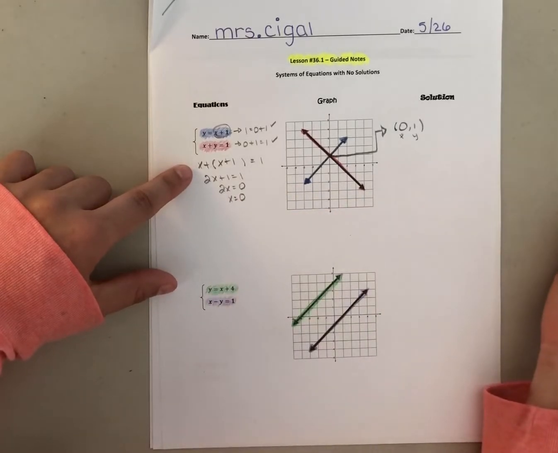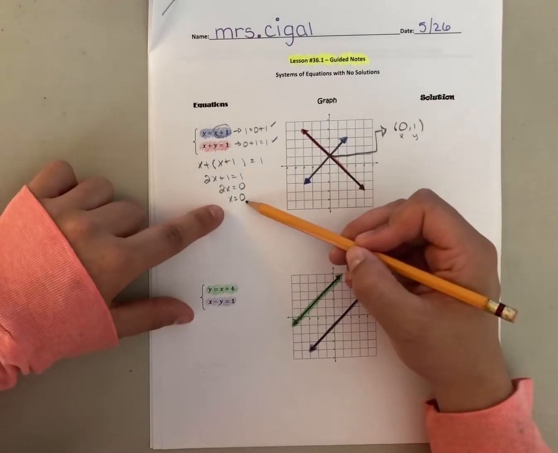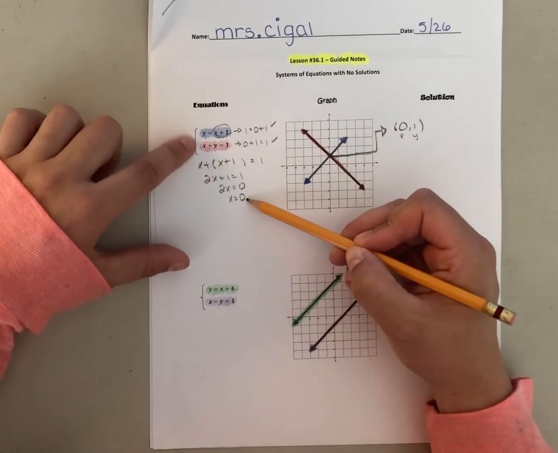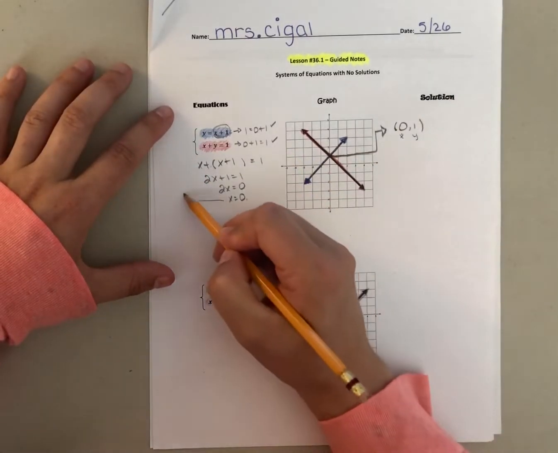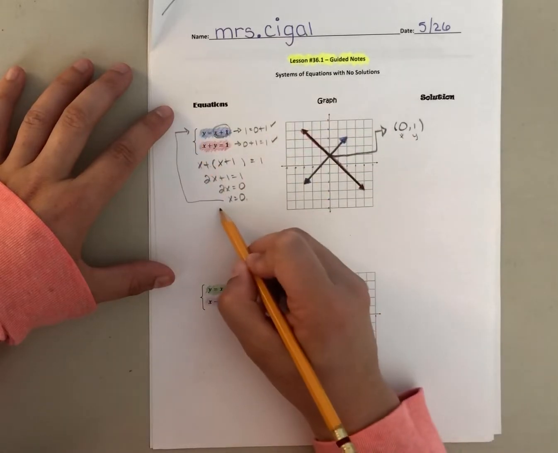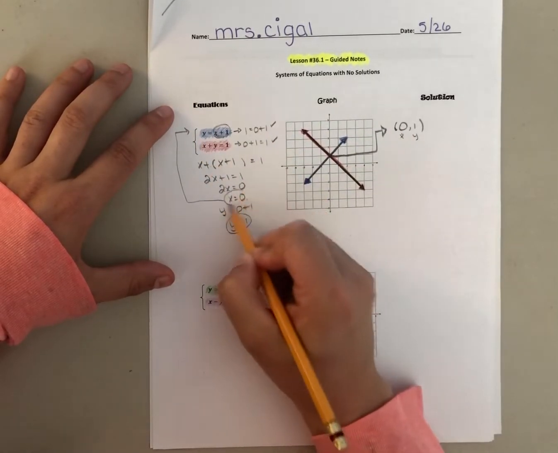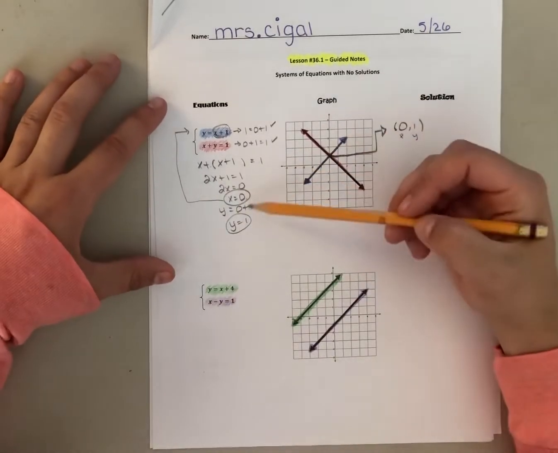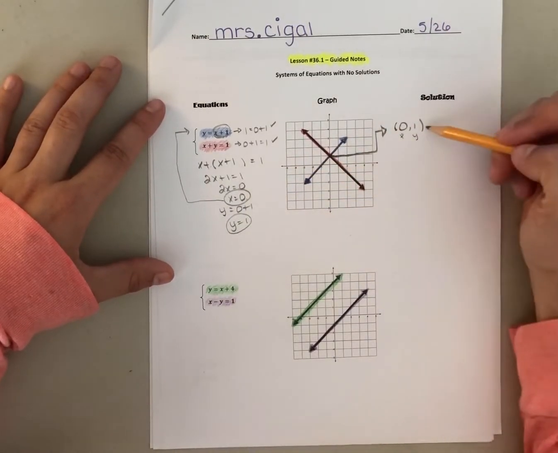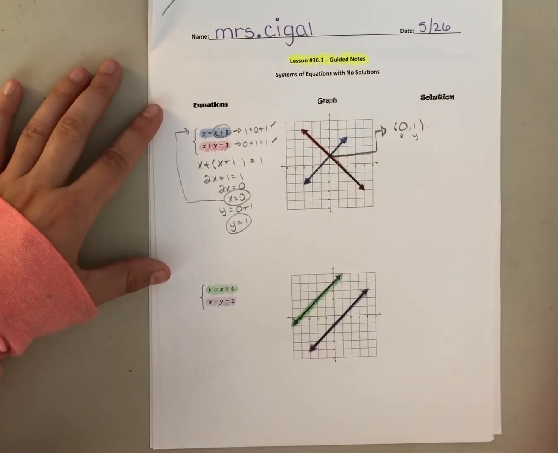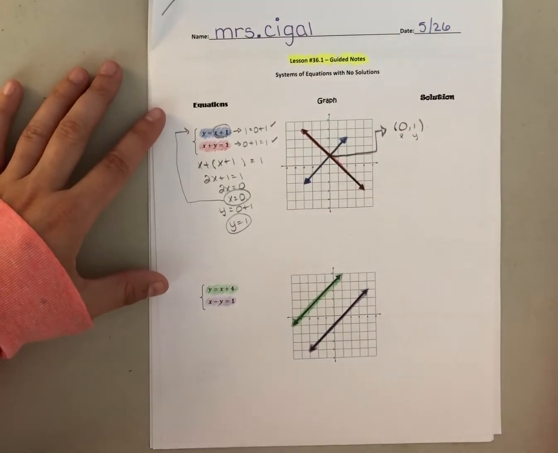We have x equals 0. That's only the beginning, but we need the y value that goes with it. So we can take that 0 and plug it into either one of those equations. I kind of like the top one. I would have y equals 0 plus 1, so y equals 1. Your answer will always be written as an ordered pair, (x, y), which we already had right here. Again, we just did that to refresh the algebraic methods because we already have the solution.